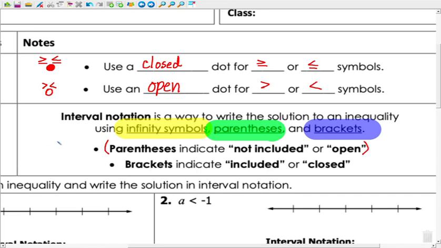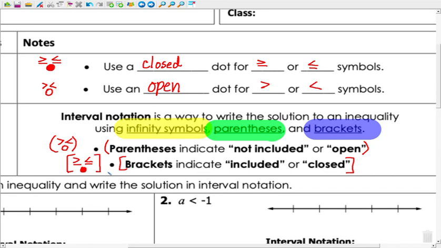So if you have greater than, less than, open circle, it will be a parenthesis. Brackets are used when our value is included. So if you have a symbol that shows greater than or equal to, less than or equal to, and your circle is closed, it will be a bracket.